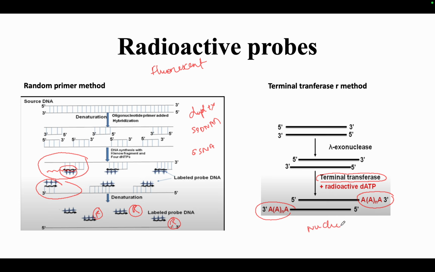If we have a duplex DNA like this, we can add terminal transferase and whatever radio labeled nucleotide we want the probe to have. If we want ATP to be radio labeled, we add radio labeled ATP, and then we'll have a radio labeled ATP at the 3' end, or it could be fluorescently labeled as well. So these are the two methods by which we can make different labeled probes.